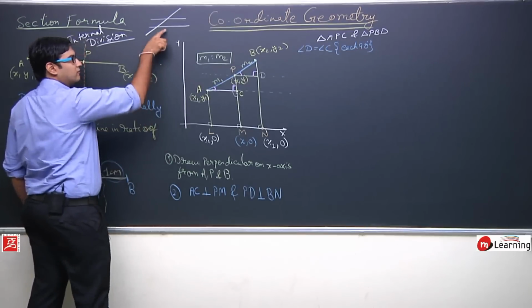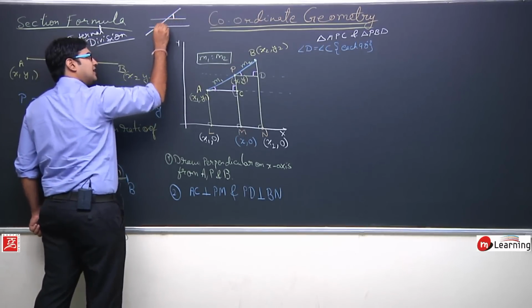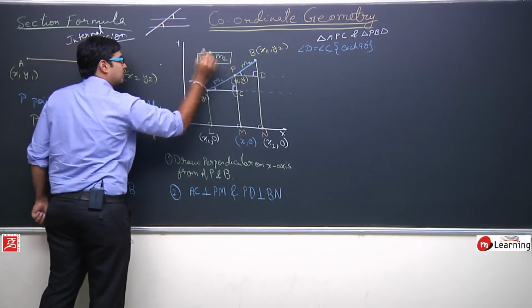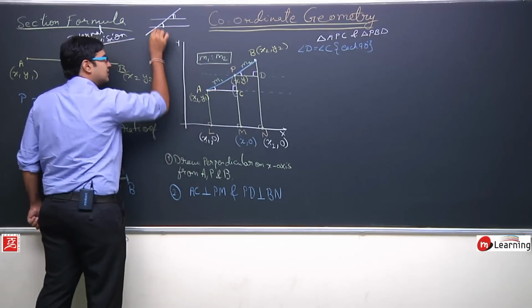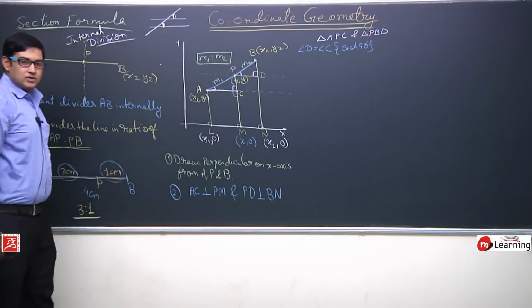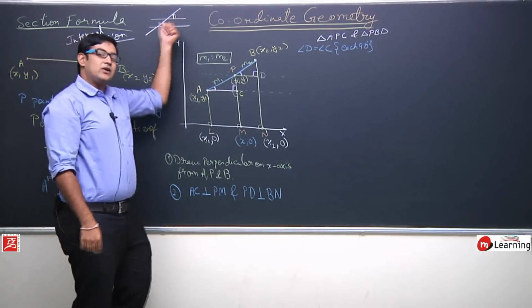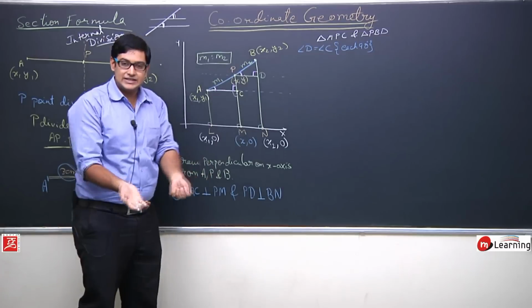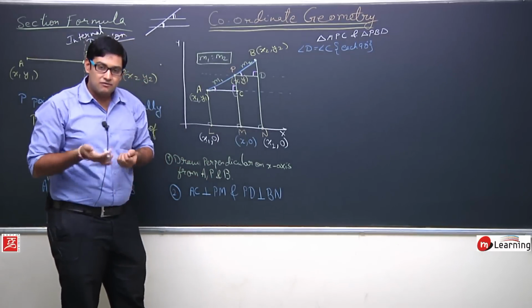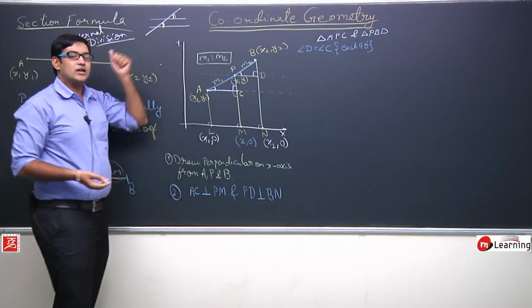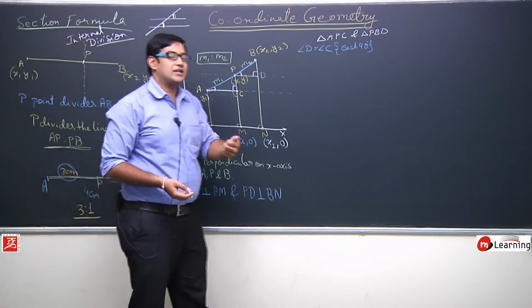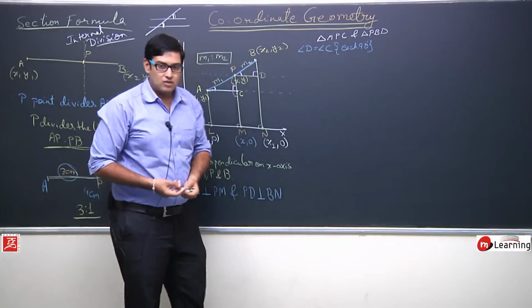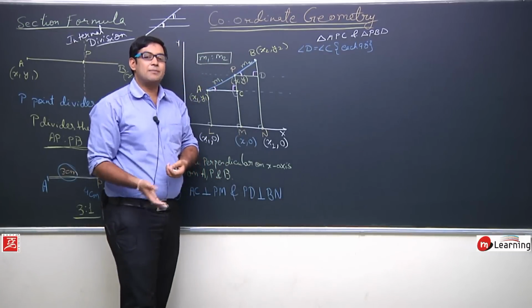So I am calling this angle and this angle. Can I say these two angles are equal? Yes, I can say that these two angles are equal. Why? Because these two angles are corresponding angles. This is what you have studied in class 9th, in class 10th also, about corresponding angles in the triangles chapter.